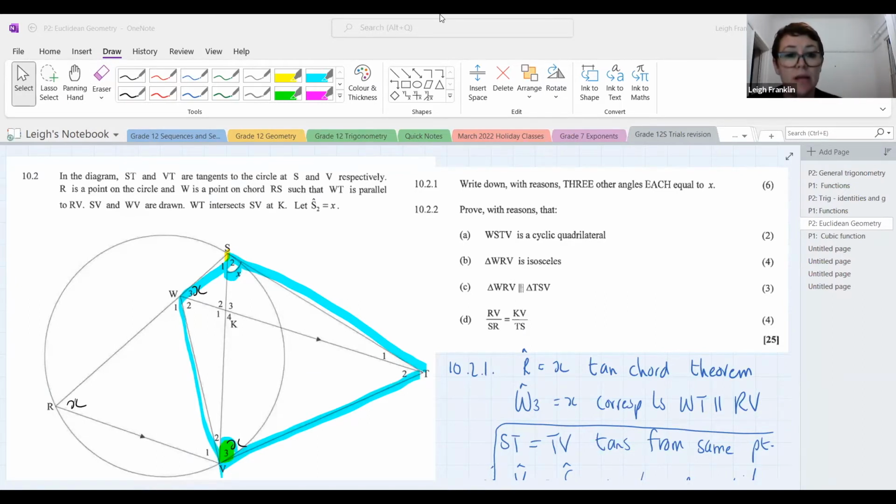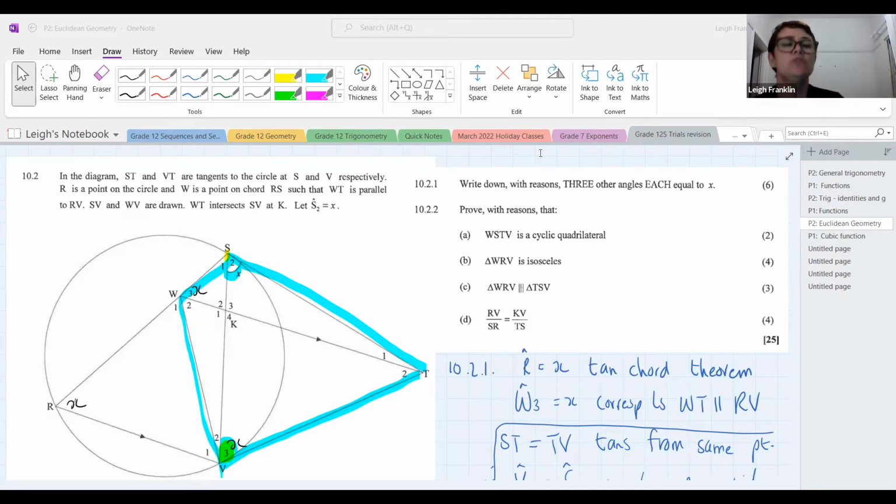Yes, absolutely. Okay, so because there is a bow tie inside, it's highly likely that we're going to use converse angles in the same segment. Remember, geometry is a story.